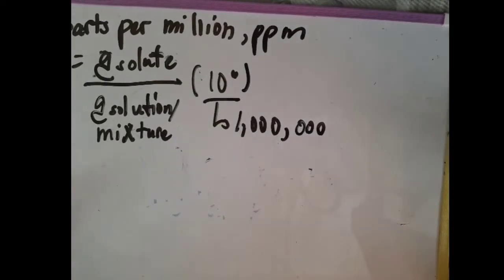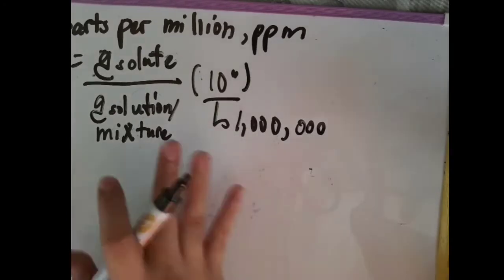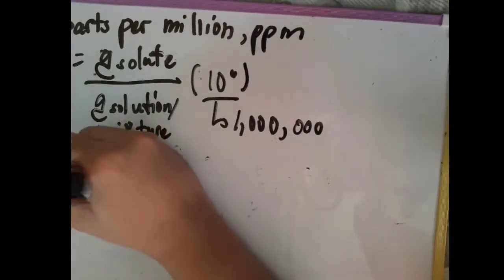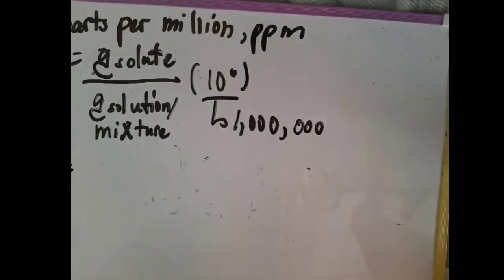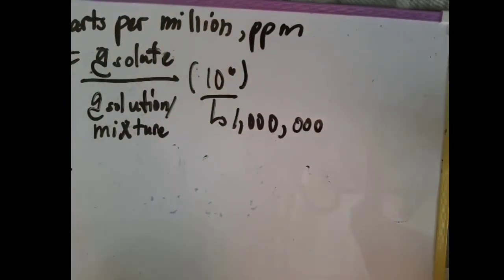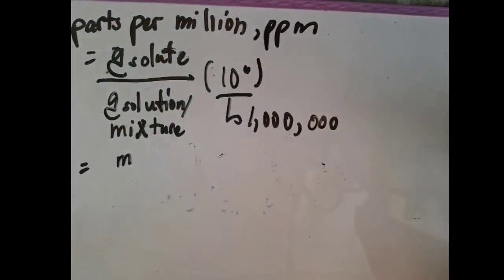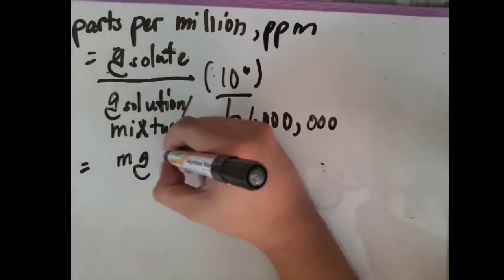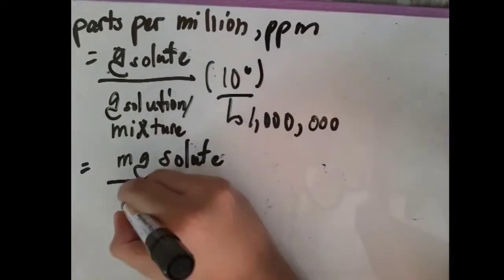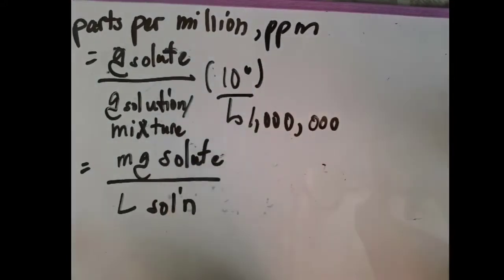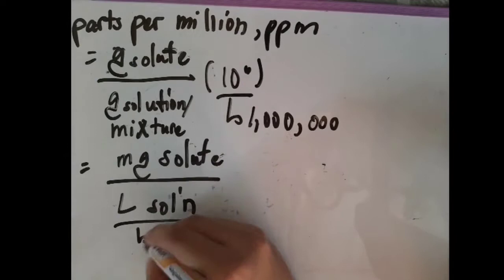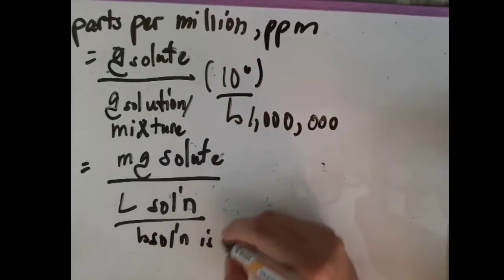Now, there are other units of expression for parts per million. In some literature, they express parts per million as milligrams of solute per liter of solution. That is also correct. Now, this is only applicable when your solution is liquid.